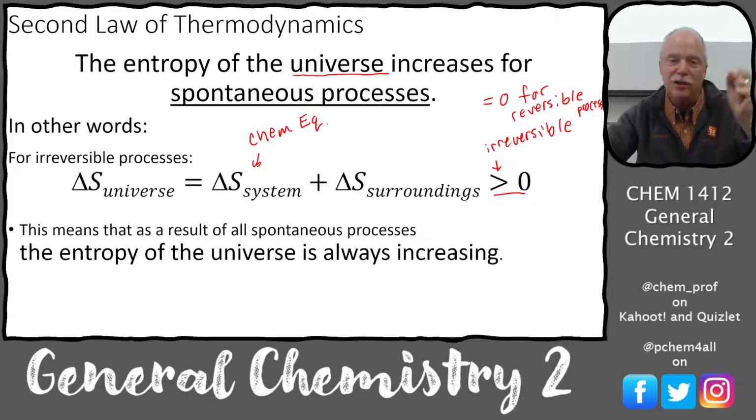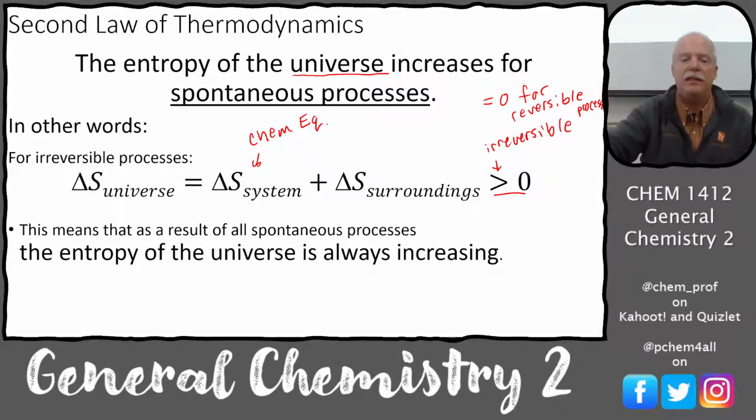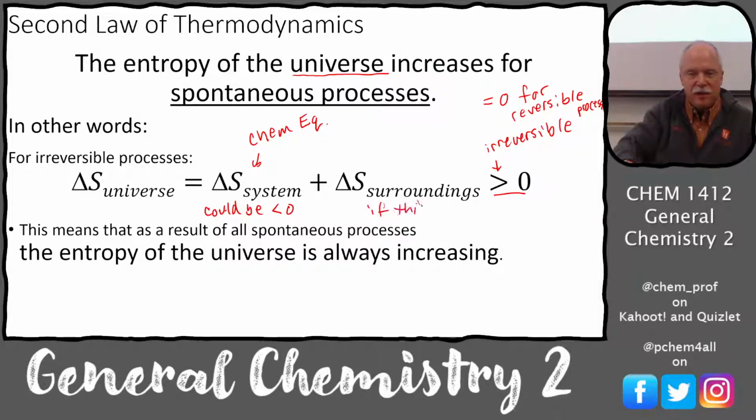This means that as a result of all spontaneous processes, the entropy of the universe is always increasing. So we can have the entropy decrease in the system. So this could be less than 0, if this is greater than S system.